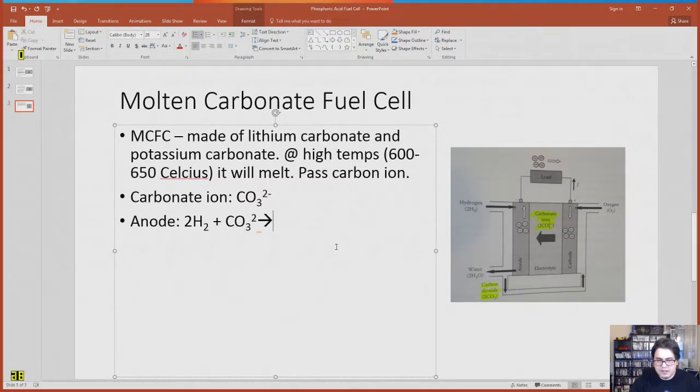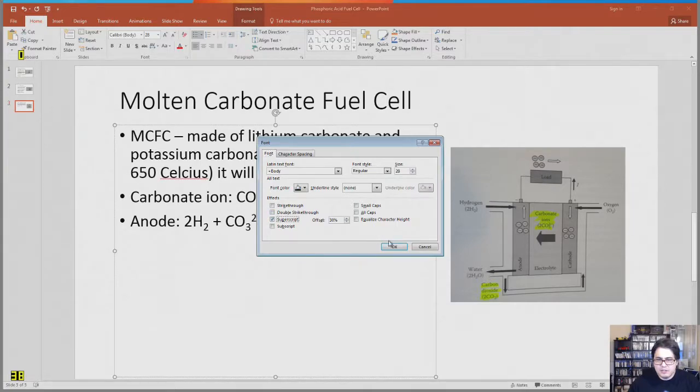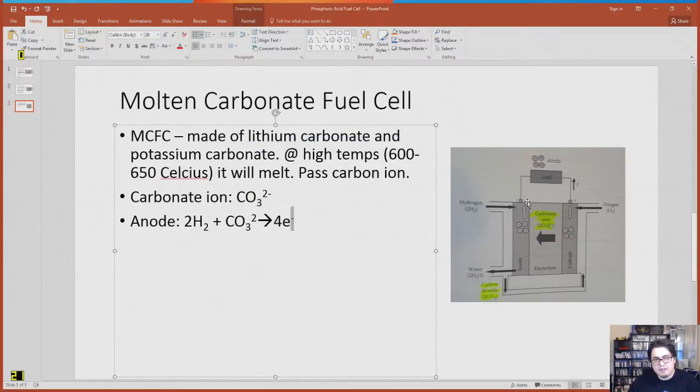So first off, let's see the 4 electrons. 4 electrons are going to come out, right? So 4e minus. Again, remember, these are the 4 electrons that are going to come out the negative terminal, go through the load, release this energy, and go into the positive terminal.